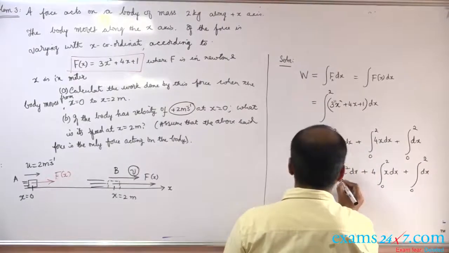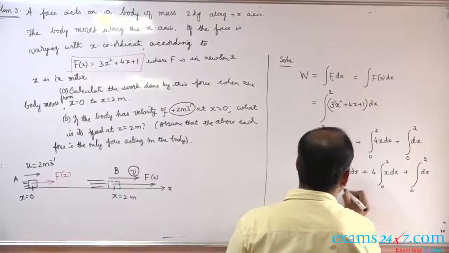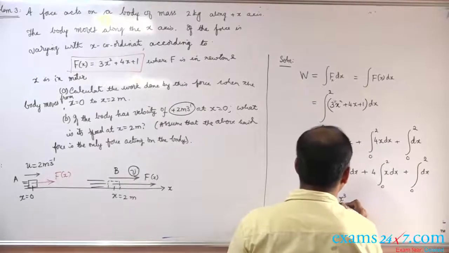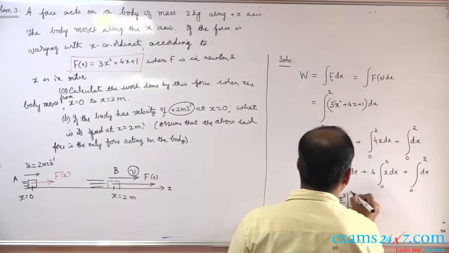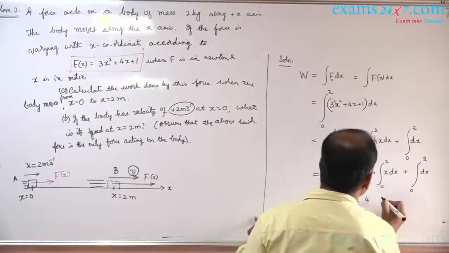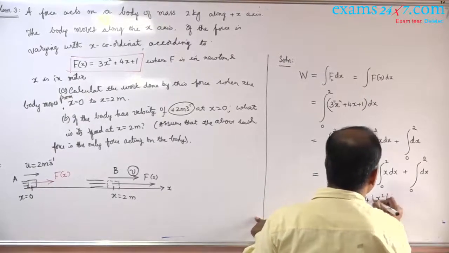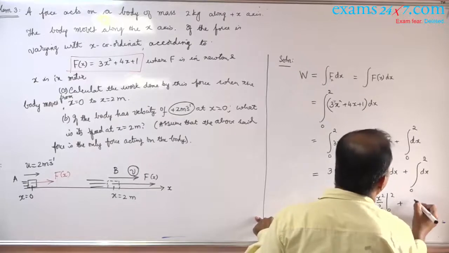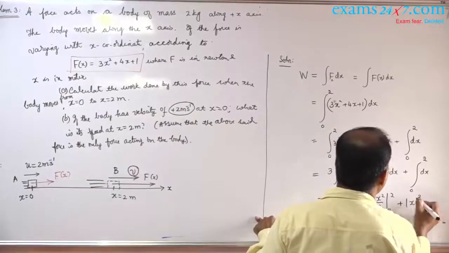Next step, you can easily see 3 times integral of x square is x cube by 3 between 0 to 2 plus 4 times integral of x is x square by 2 between 0 to 2 plus integral of dx is x between 0 to 2.